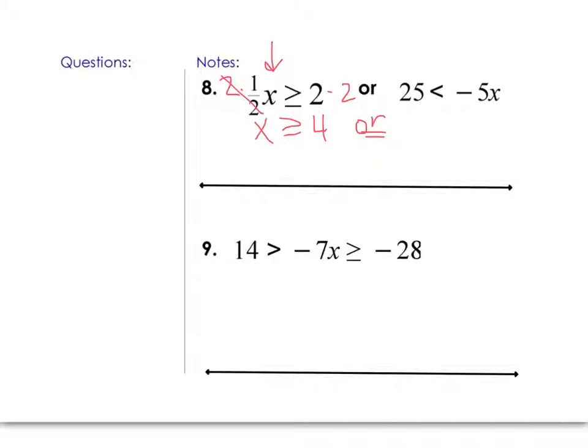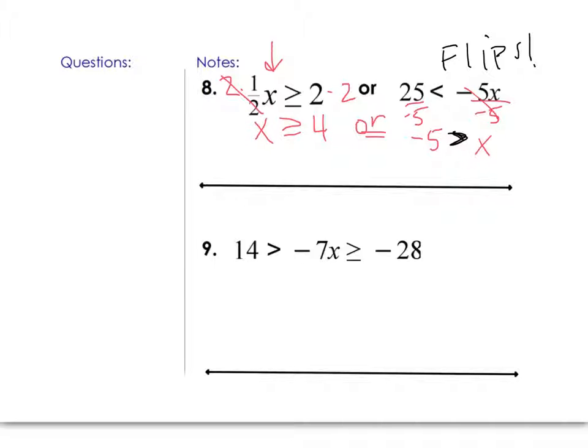Or, if I divide both sides by negative 5, negative 25 divided by negative 5 is negative 5. But my sign flips because I divided by a negative to get x alone.